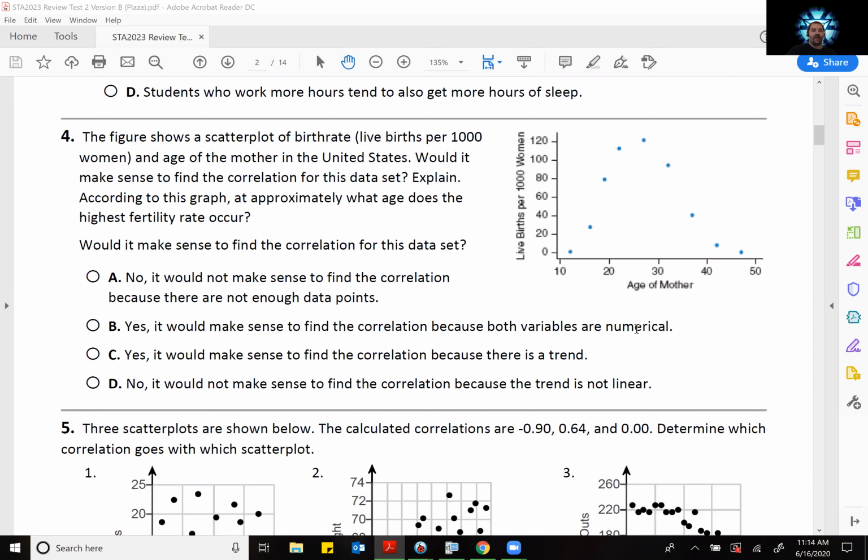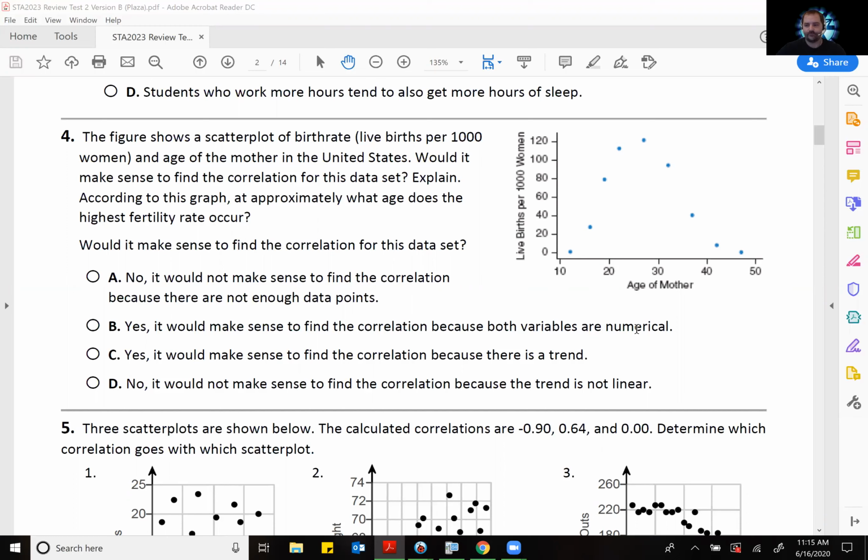So keep that in mind, Cole. Even though, yes, you see that changing trend there, we don't like changing trends. We want linear, linear, linear, linear. That's a big push in section 4. Even though you might see a pattern, if it's not linear, we don't care. Gotcha. Okay.